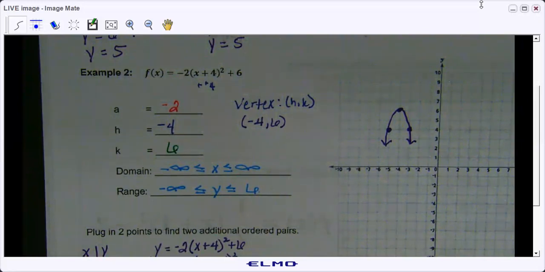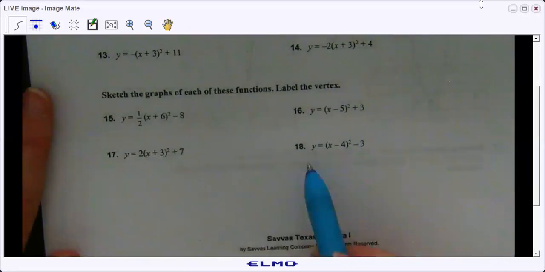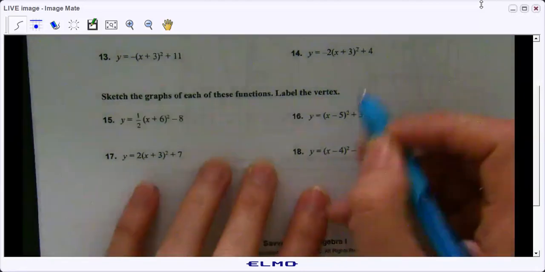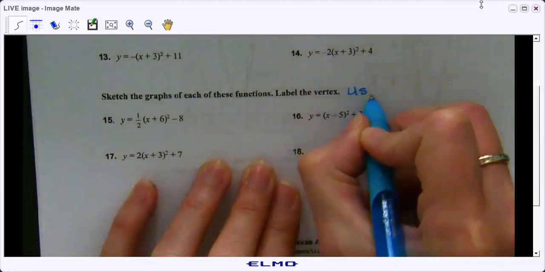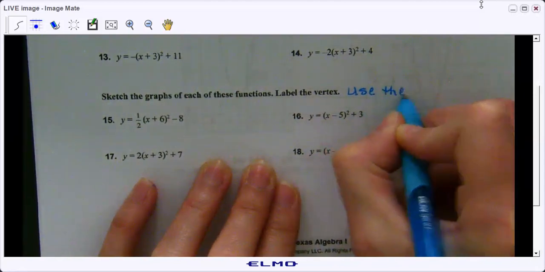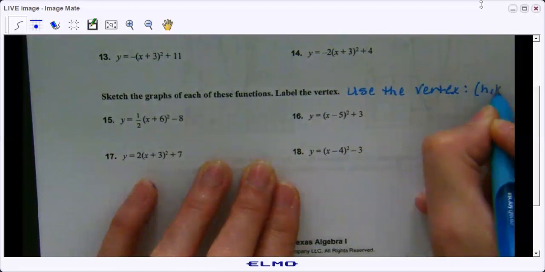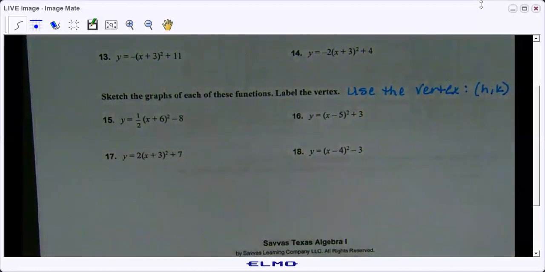If you look at 15 through 18 on your homework, that is going to be graphing the parabolas. Okay, so you're going to have to sketch a graph of each of these functions. So the homework 15 through 18, you're going to have to create a table of values and graph. And you're going to want to use, and I would probably write this here, use the vertex H, K, and then create a table.